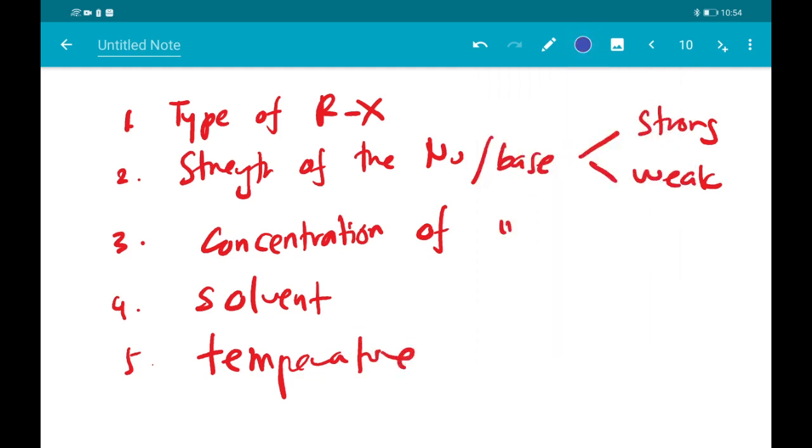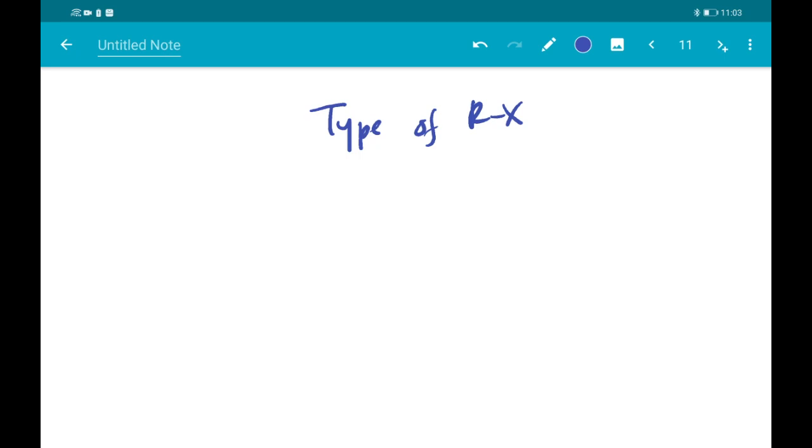In order to really determine which reaction proceeds in which mechanism, we'll be focusing on these 2. Okay, there are 3 types of alkyl halide. Okay, it can be classified into primary, secondary, and tertiary.